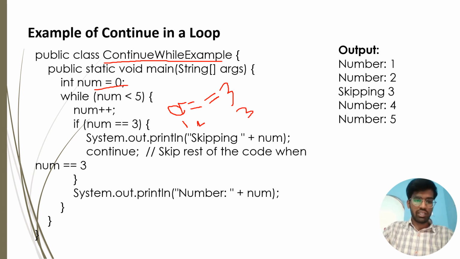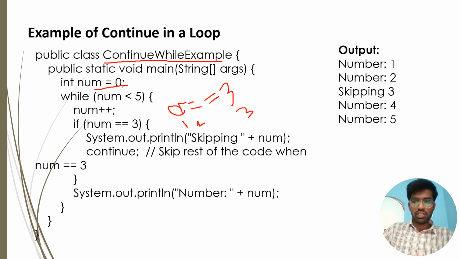Here 3 equals 3, so it enters the if statement. System.out.println prints skipping plus the number, which is 3, then continue, so it skips. Otherwise it enters the print statement, and number 1 is printed.